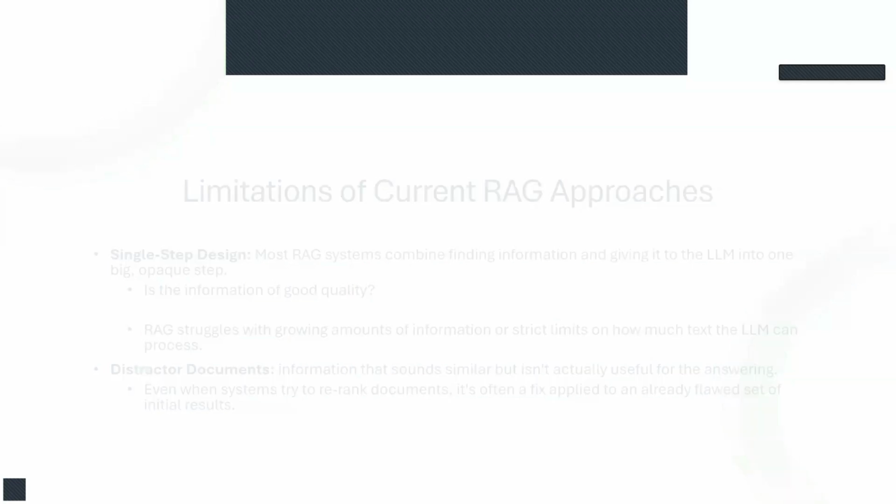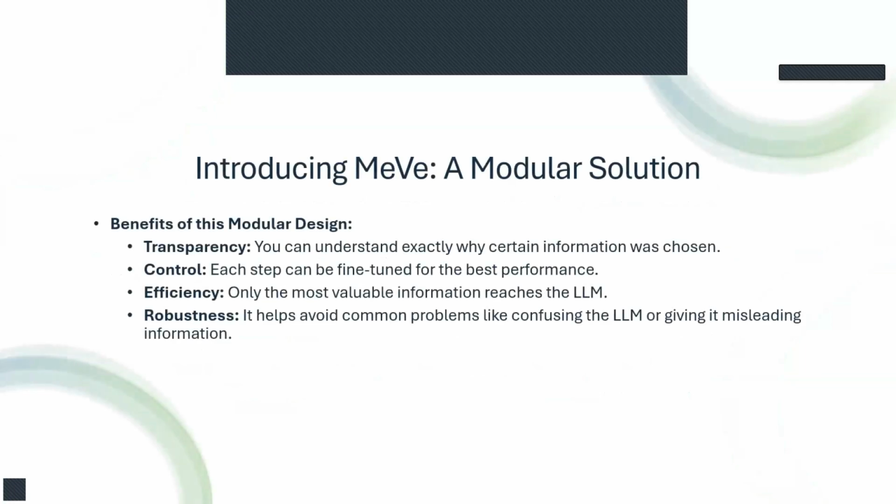And then we're introducing MeVe. The benefits of this modular design are, first, transparency. You understand exactly why certain information was chosen, because you can go step by step between the 5 modules and see which modules actually did what. Then control.